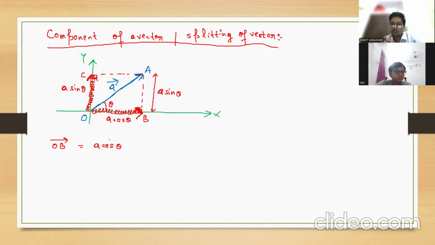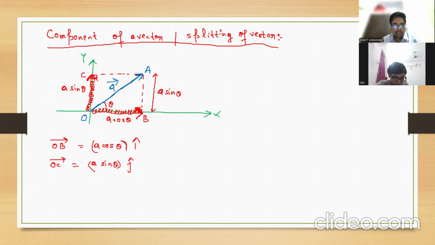Along x-axis, our unit vector is I cap, because the direction of this and the unit vector along x-axis is the same. Then the unit vector helps us indicate the direction of the vector. So A cos theta I cap. Similarly, OC vector will be A sin theta J cap. Already I have told you the unit vector specifies the direction of an unknown vector. Clear? So OB, OC you got.